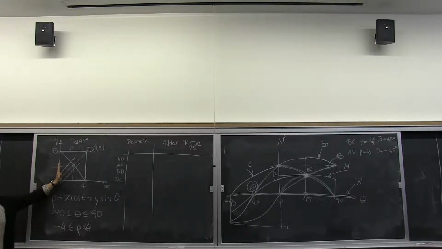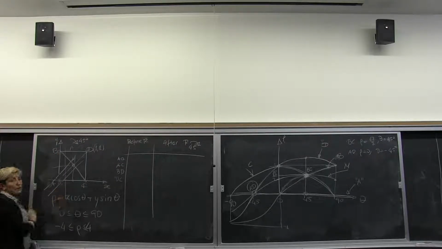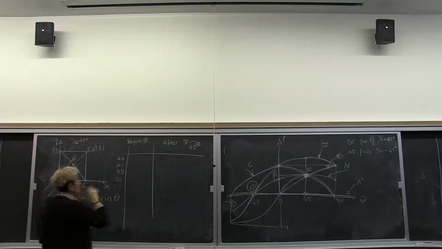How much is rho? 0. And how much is theta? 90. How much is theta? I'm doing this one, right? So this is my normal. So how much is the angle? 0.